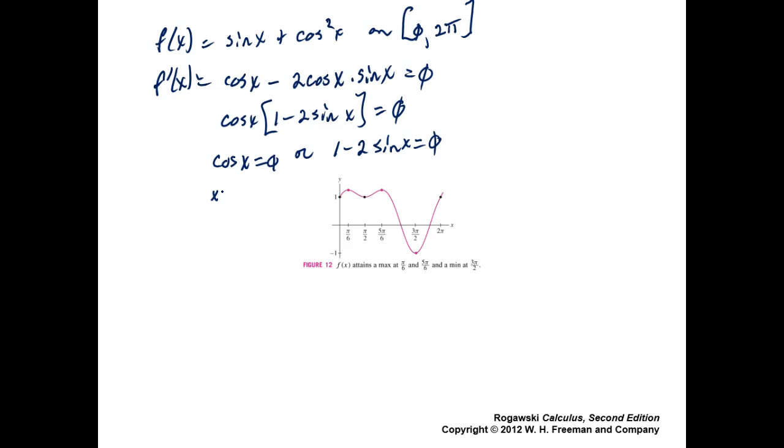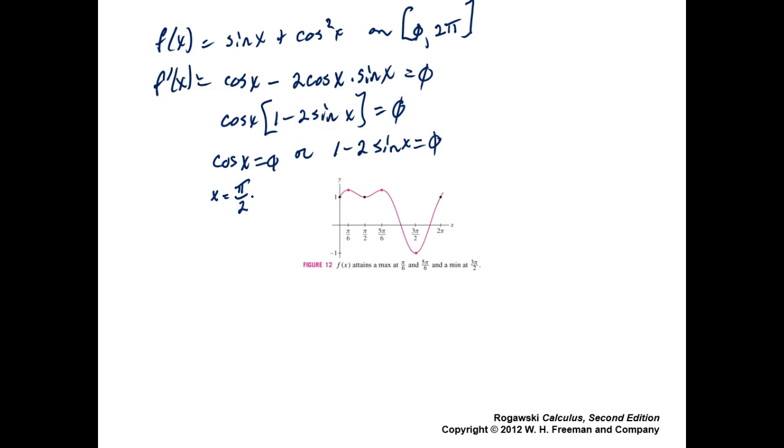Cosine of 90 degrees is 0, and since they're using 0 to 2 pi, let's call that pi halves. It is exactly pi halves. Because remember, 2 pi is one circle, half a circle is pi, and half of that is pi halves, 90 degrees. Okay, so there's one place where cosine is equal to 0, at pi halves.